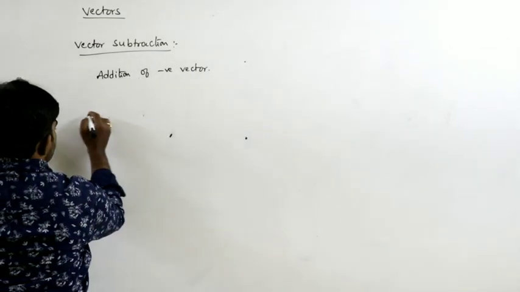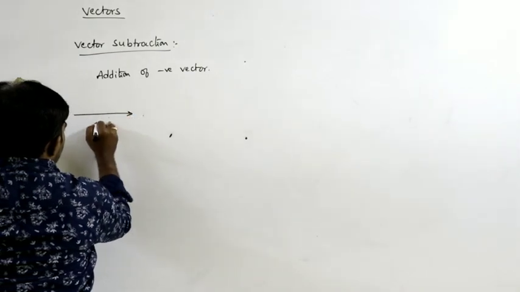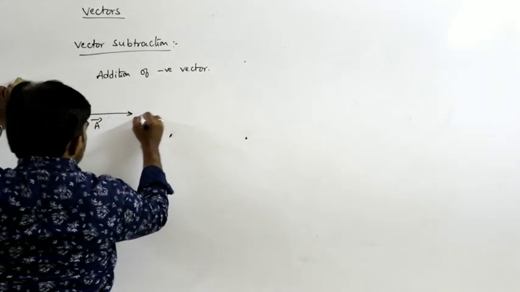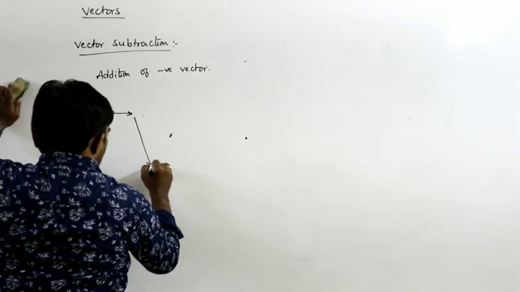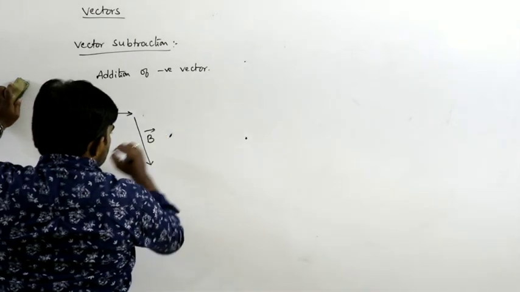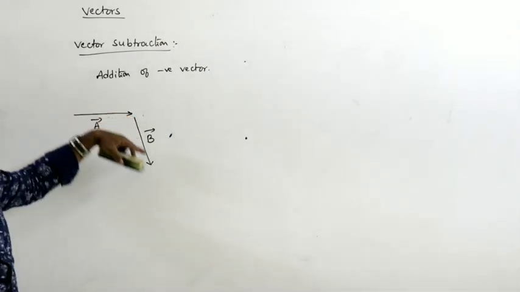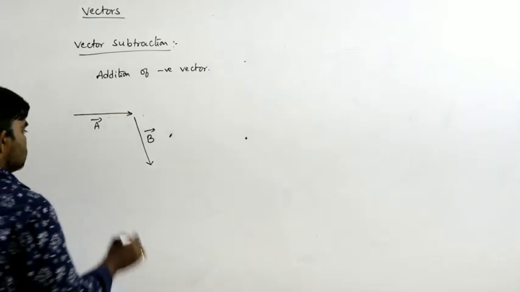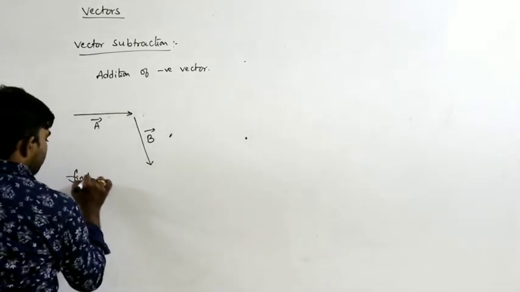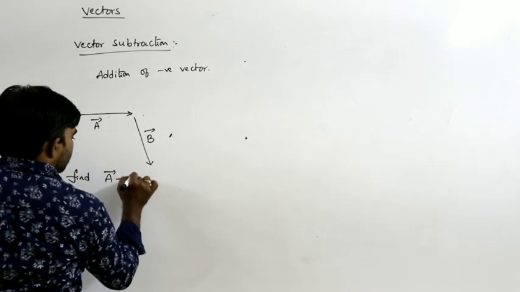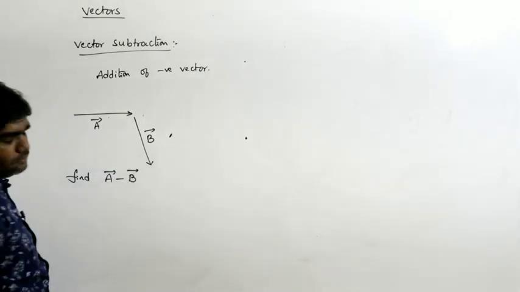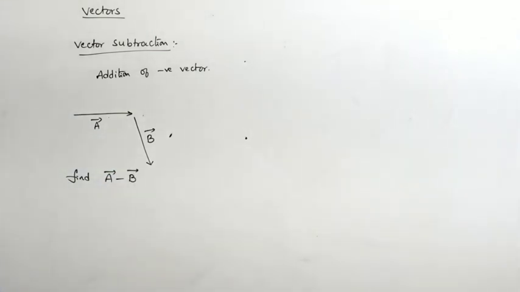See here, let us say this is A bar and this is B bar. I am considering it like this. So find A bar minus B bar. That we have to calculate.